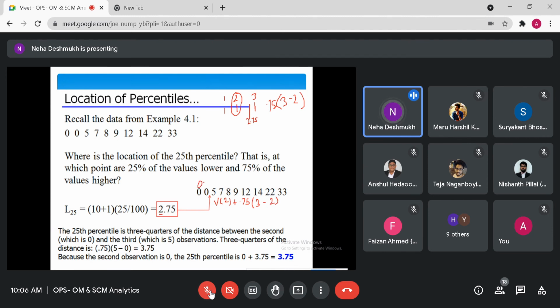This is 0, this is 1, this is 2, this is 3, this is 4. So value at second position is 0 plus 0.75 times the value at third position, 5, minus second position, 0. When you calculate this, you will get 3.75.